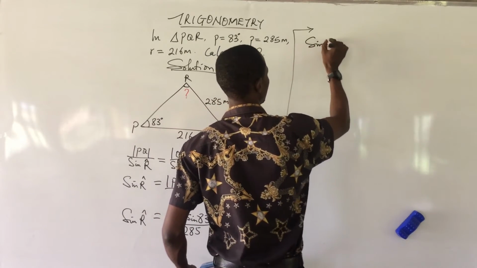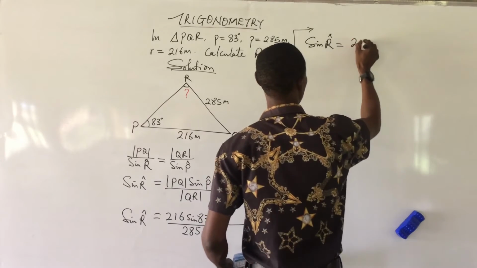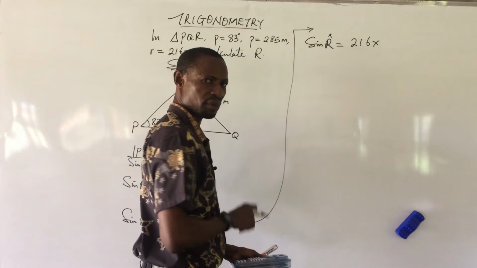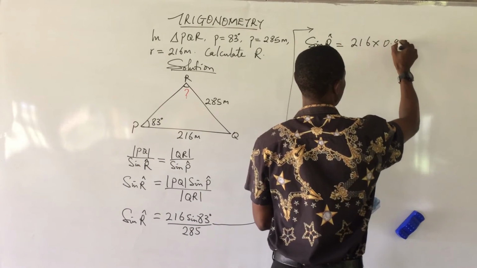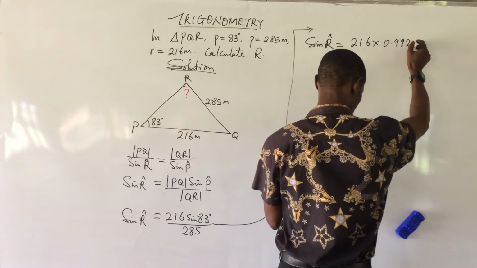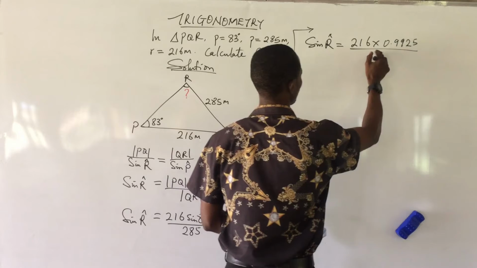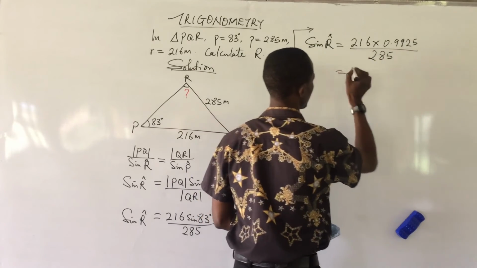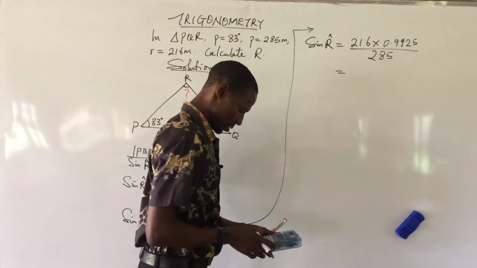We have sine angle R is equal to 216 times the value of sine 83 from our calculator, which is 0.9925 approximately, all over 285.